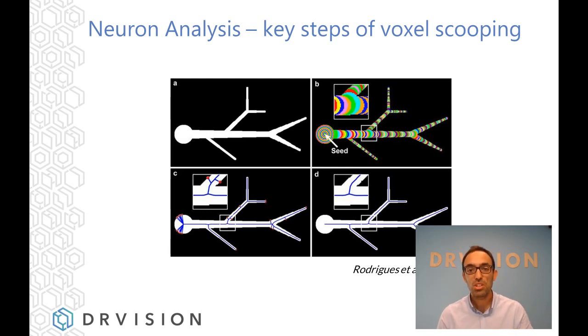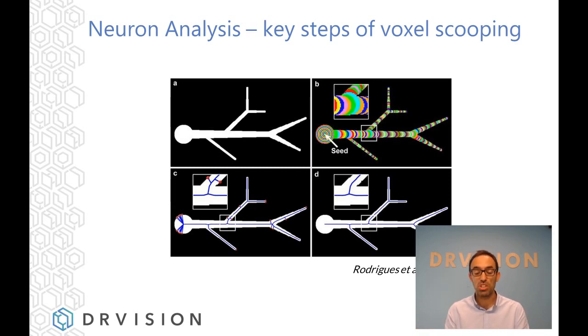So the technique is called voxel scooping, a little bit like ice cream scooping. It starts from a starting point, in this case a seed, which can be the soma, or it can be something else if we don't have a soma, and so we cover both cases now. In the first instance, it samples a small amount of voxels around the seed point, and it does that incrementally until it starts to find a dendrite or an area that is long.